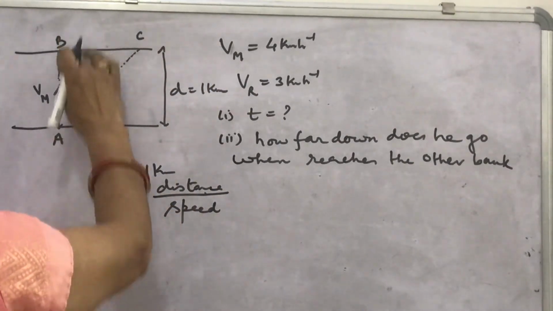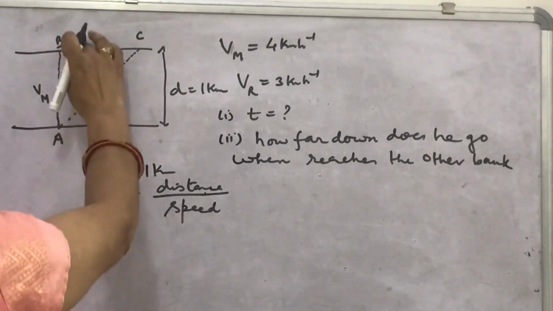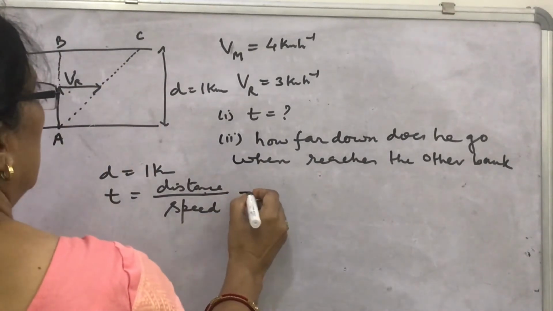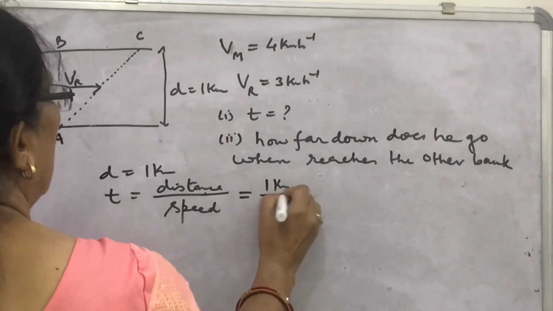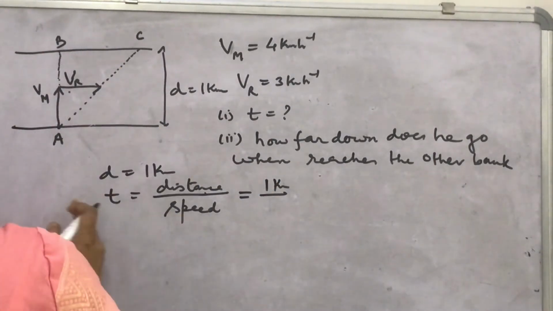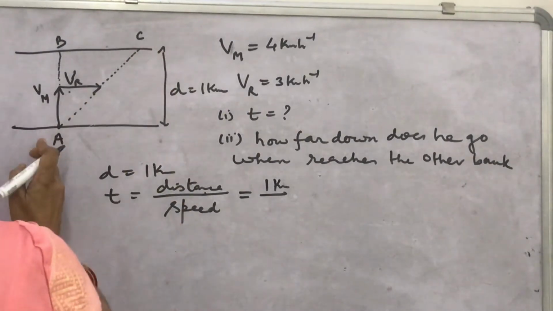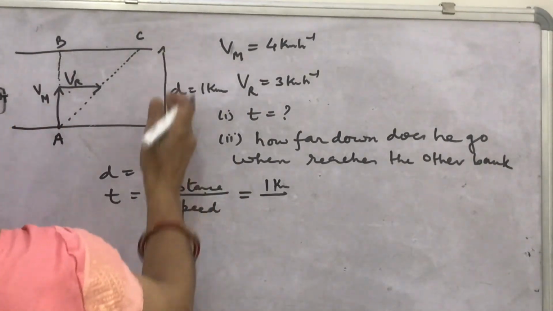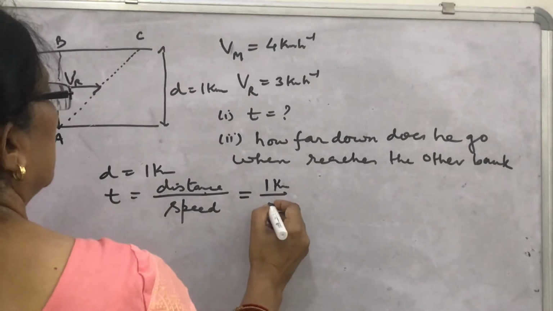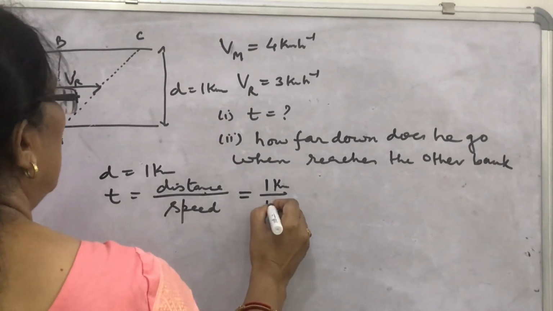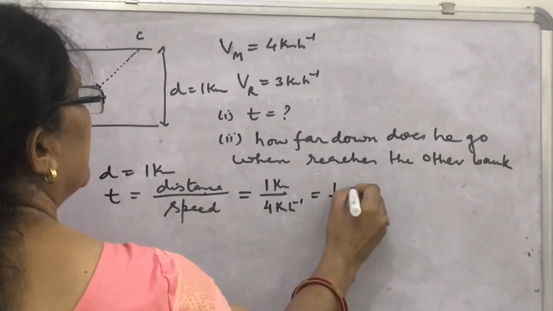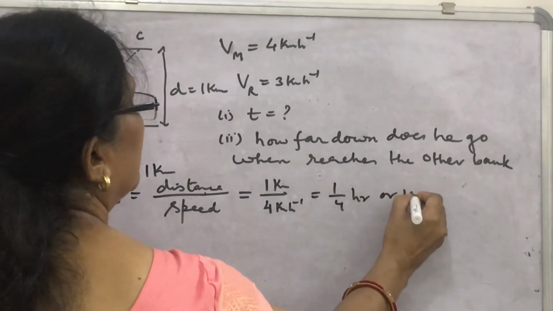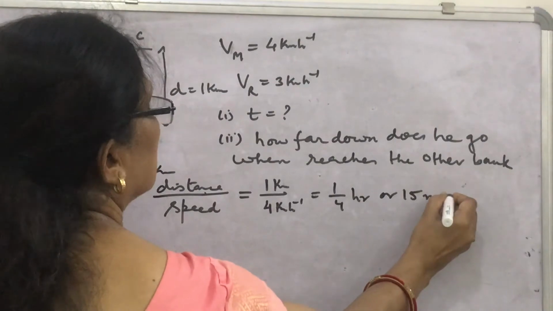The man is making his strokes normal to the river, so the velocity vector and the distance are in the same direction. This is 4 kilometer per hour. What will you get? 1 by 4 hour, or 15 minutes.